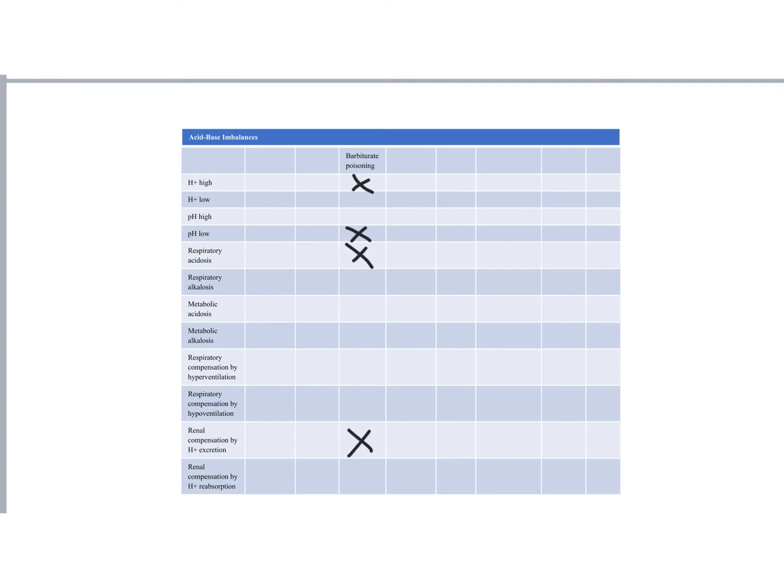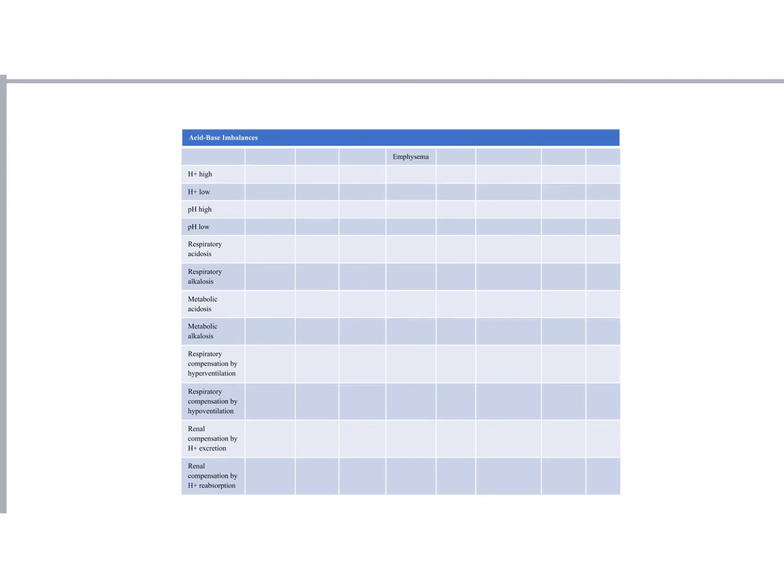It's a hypoventilation problem, which means you have a high hydrogen ion concentration, which means your pH is too low. If it's a respiratory problem, the compensation is using the kidneys. How do the kidneys compensate for a low pH? By excreting excess hydrogen ion into the filtrate. As it secretes the hydrogen ion into the filtrate, it helps raise your pH back up to normal.